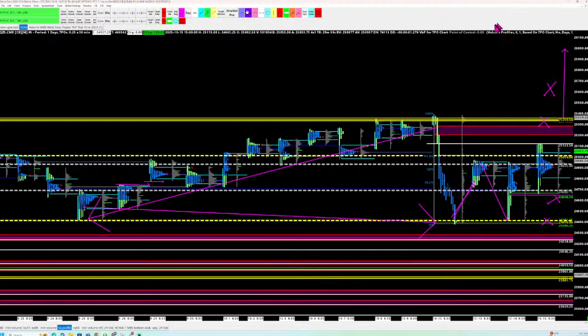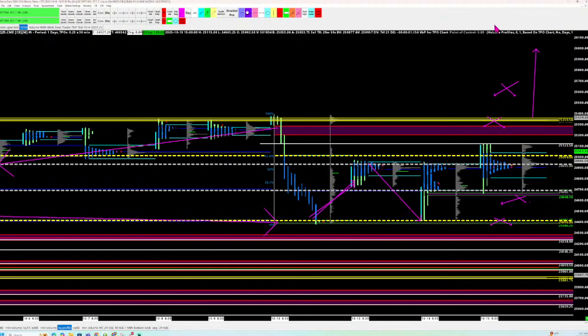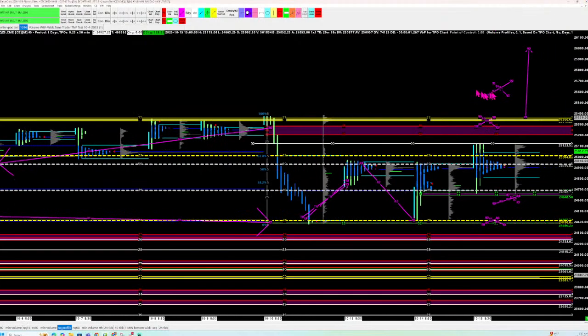So first, I forgot about this to duplicate the chart, and now I have to go erase all these. It'll take just a second.